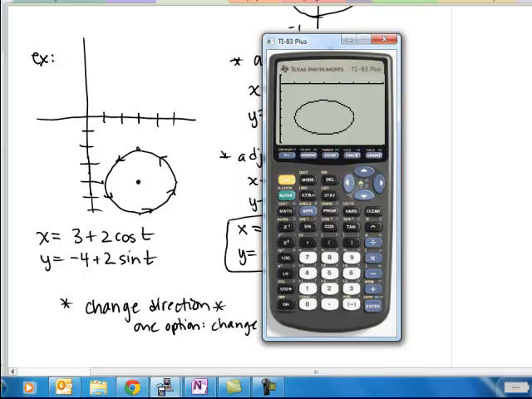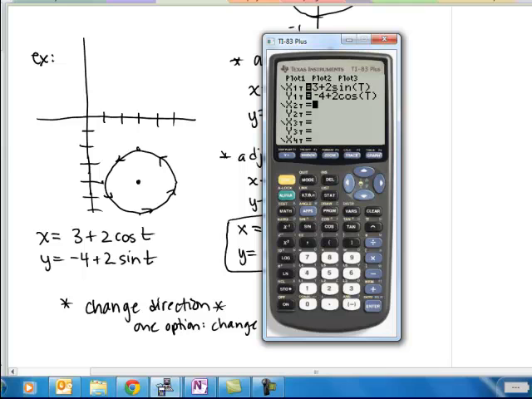Another way to change the direction would be if I make this 3 plus 2 sine t. So put sine where cosine is, and then negative 4 plus 2 cosine t. That's going to change the direction. It's also going to have a different starting point.